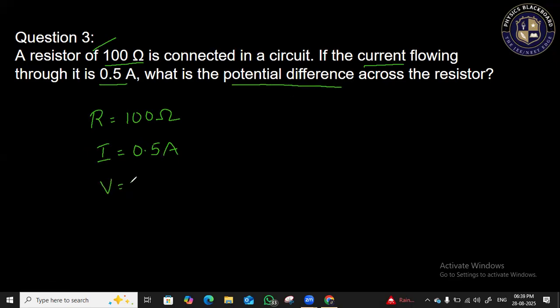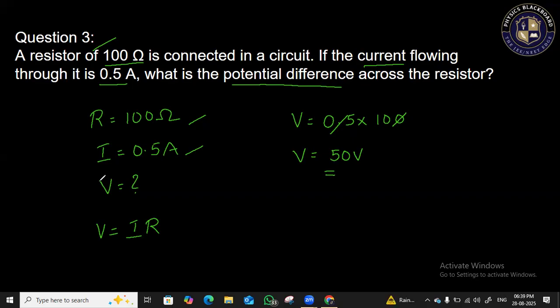We need to find the potential difference, that is V. Taking the relation between V, I and R, you can write V equals IR. That is, V equals 0.5 times 100. Taking off the zeros and the decimal part, 5 into 10, you get 50. So 50 volts is the potential difference across the resistor. Done? Yes.